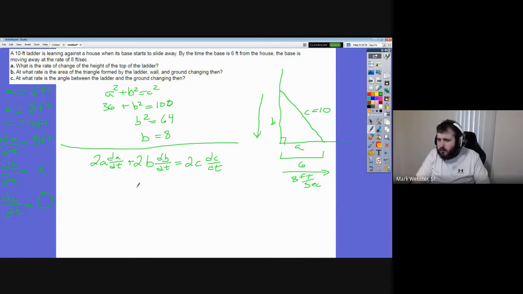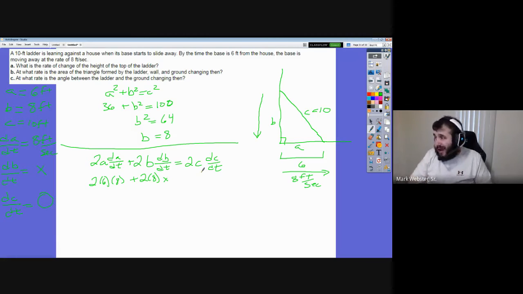And again, you can just plug everything in. 2A, 2 times 6 times dA dt, which is 8. And this is feet per second. I don't know why I just put feet. Plus 2B dB dt. Well, 2B, and dB dt is what we're trying to find.